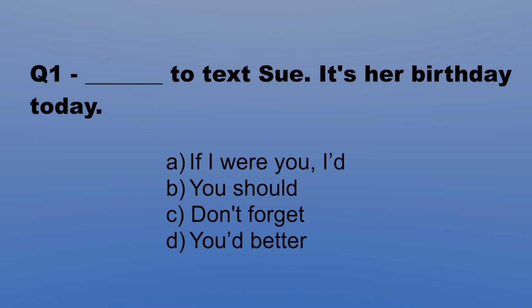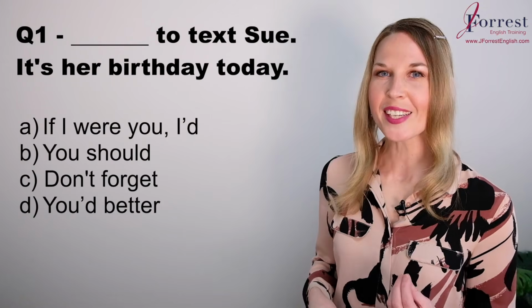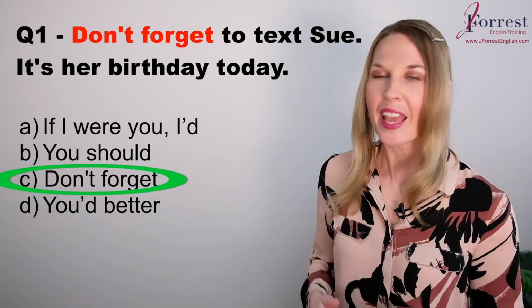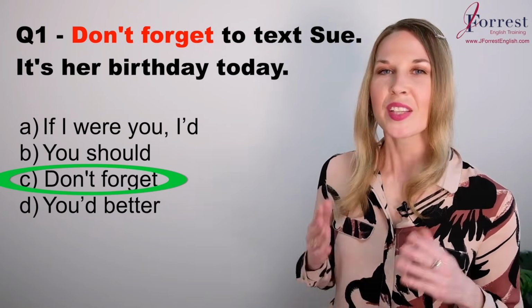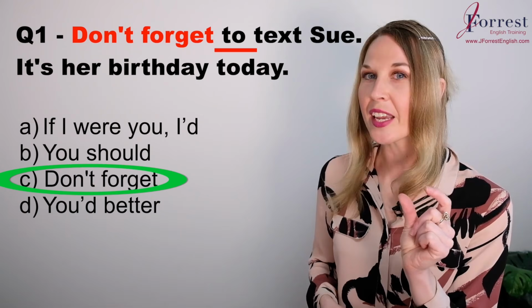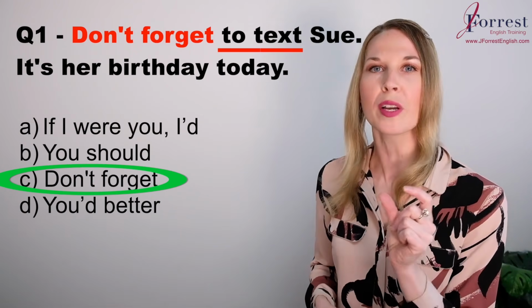To text Sue. It's her birthday today. The correct answer is C. Don't forget to text Sue. It's her birthday today. The key word in this question is to, which is the infinitive to text.